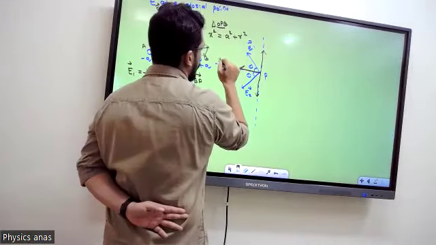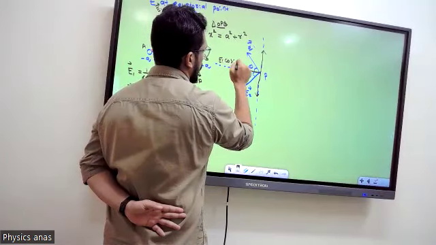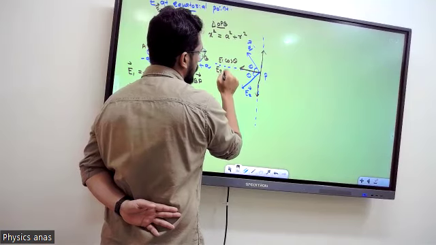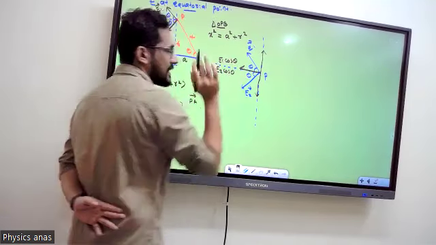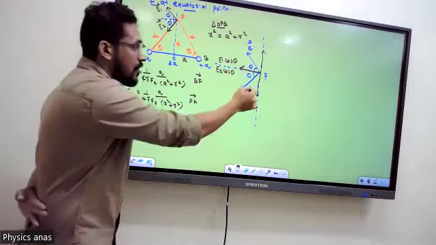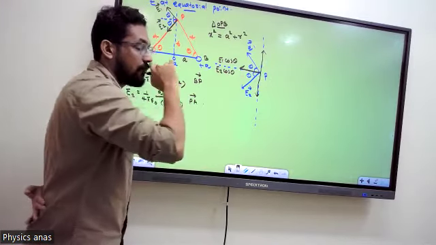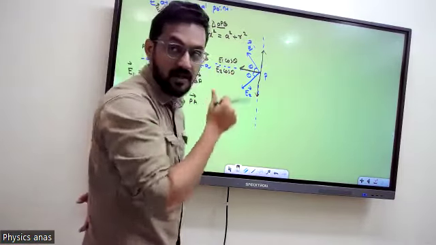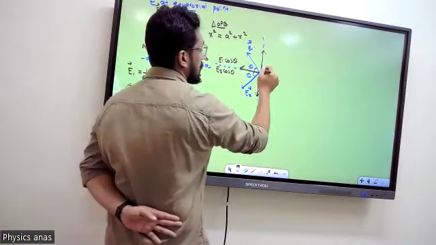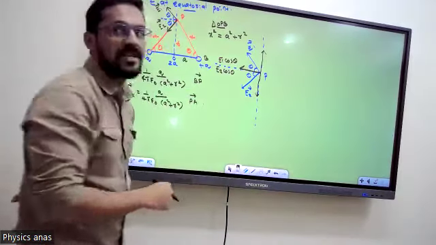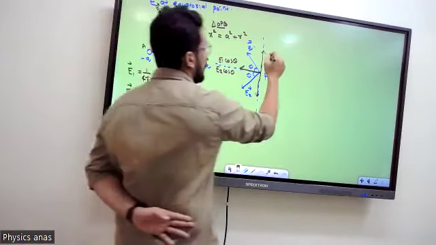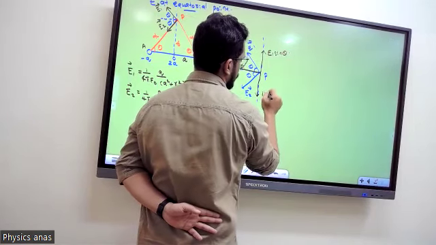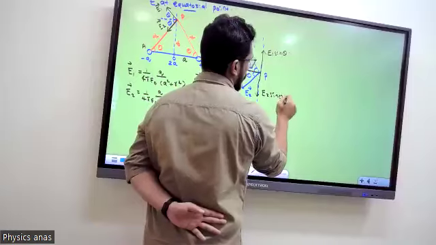So this will be E1 cos theta, and this will be E2 cos theta, because that's the vector component of E2 in the same direction. Did you understand that? And the vector which is not close to theta will be sin theta. So this will be E1 sin theta, and this will be E2 sin theta.